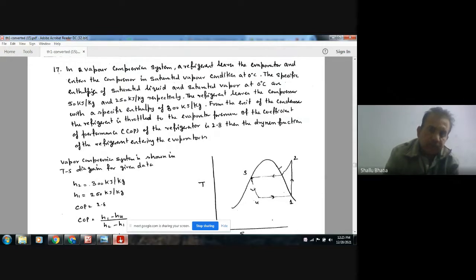Question number 17: in a vapor compression system, the refrigerant leaves the evaporator and enters the compressor in saturated vapor condition at 0 degrees Celsius. The specific enthalpy of saturated liquid and saturated vapor at 0 degrees Celsius are 50 kilojoule per kilogram and 250 kilojoule per kilogram respectively.